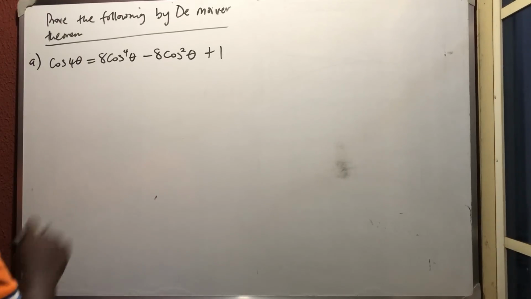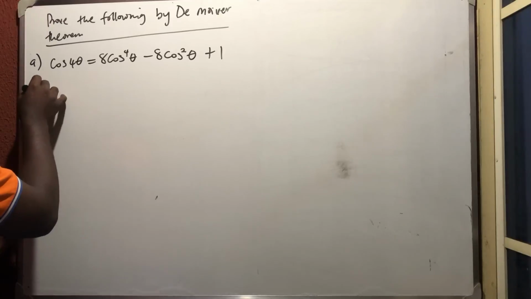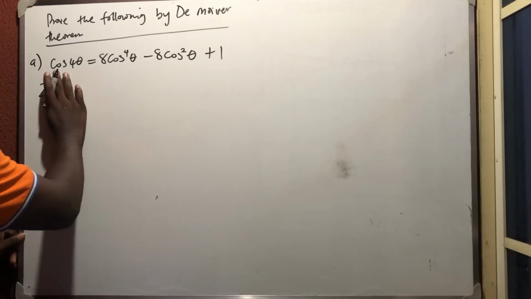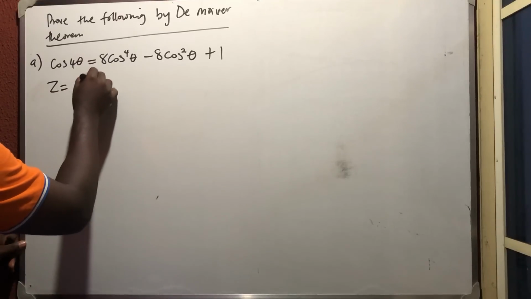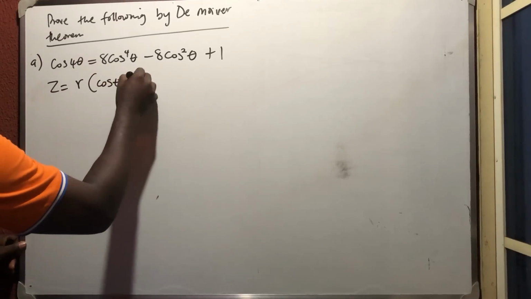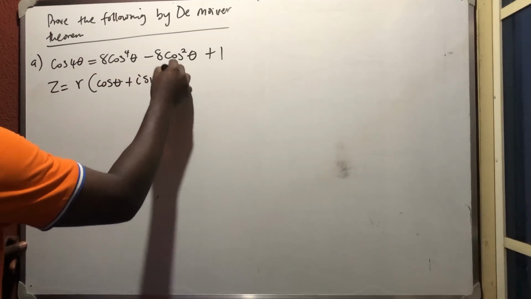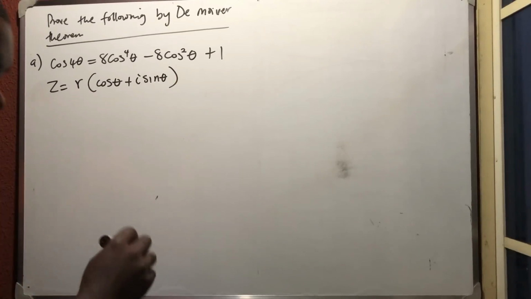We want to get this. We know that according to the Moivre theorem, that z raised to power n, okay, normally that z is equal to what? R bracket what? Cos theta plus what? I sine theta. Okay, that's my R. Then let me check my time.